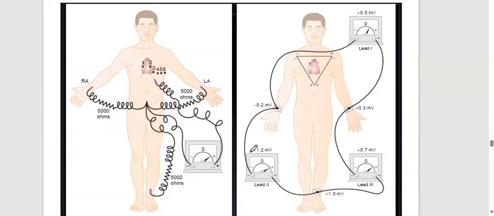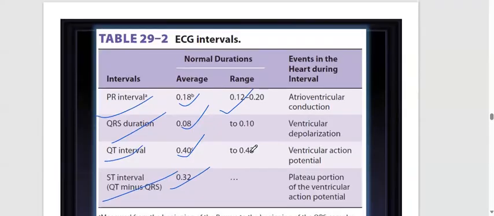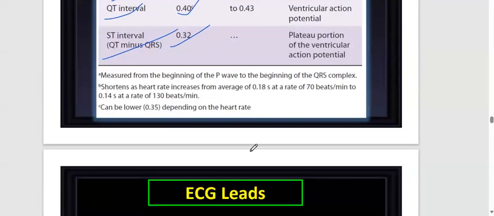So basically, the leads are what the machine accepts the current through. Basically, it is the North Pole, South Pole, and the electrical conduction of the heart.